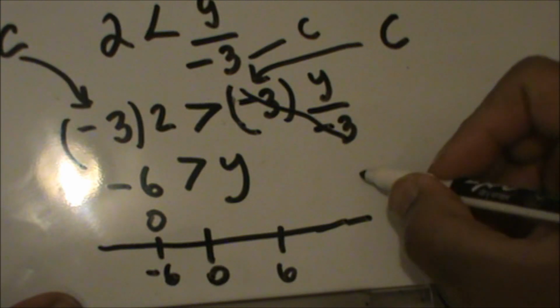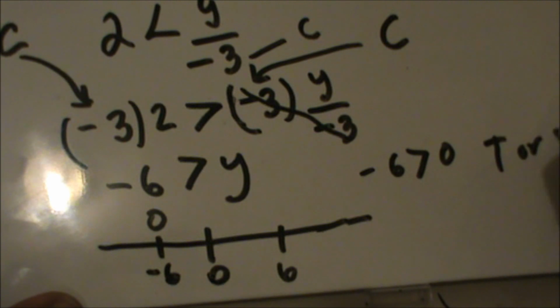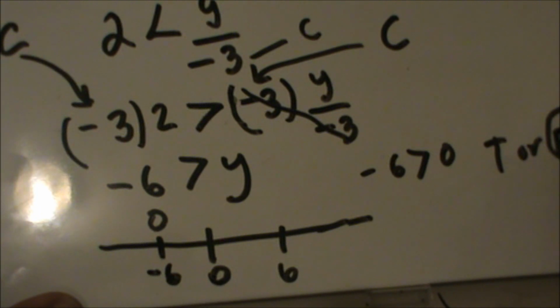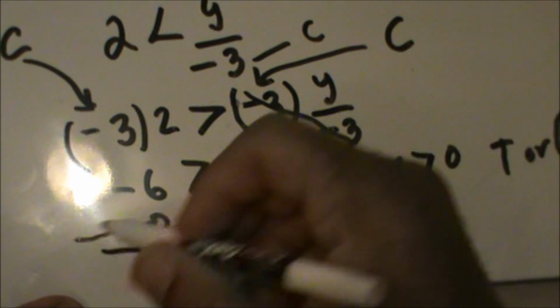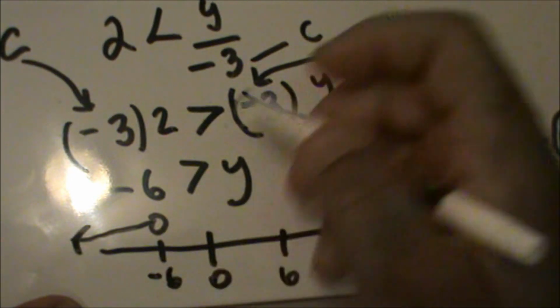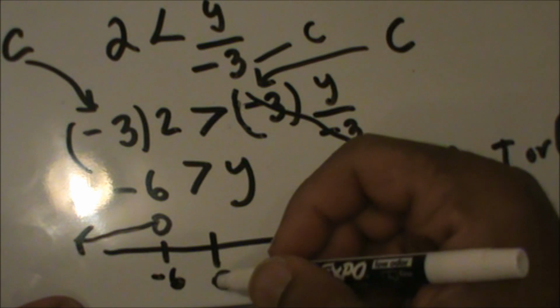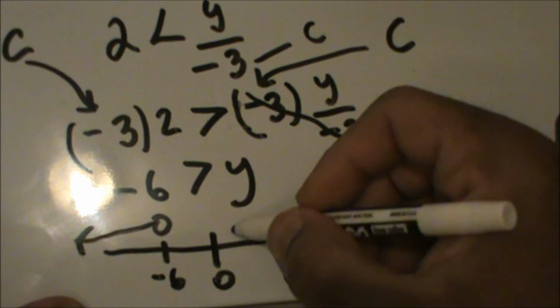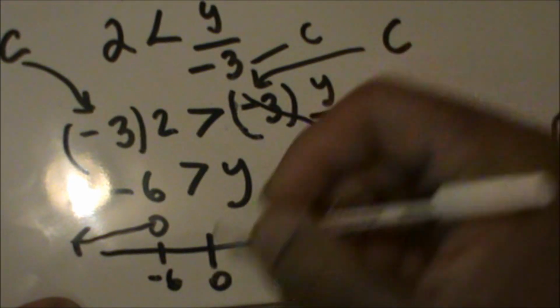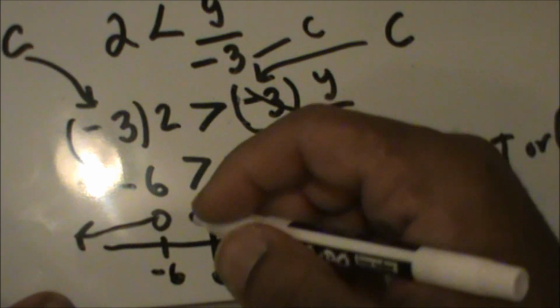That's a false statement. Negative 6 is not greater than 0. So it has to go this way. All the numbers going this way are less than negative 6. Negative 7 is less than negative 6, or negative 6 is greater than negative 7. So it goes this way. That's the true inequality solution.